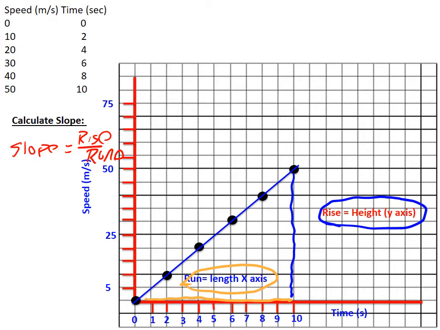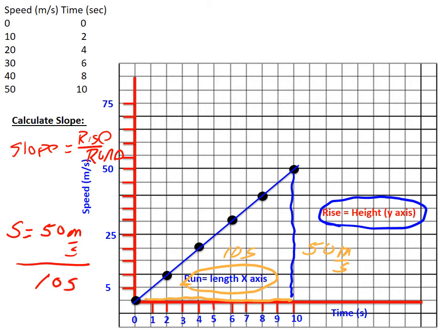We see that it goes up as high as 50 meters per second here, and the length is 10 seconds here. So to calculate the slope, we would have the slope equal to the rise, 50 meters per second, divided by the run of 10 seconds.